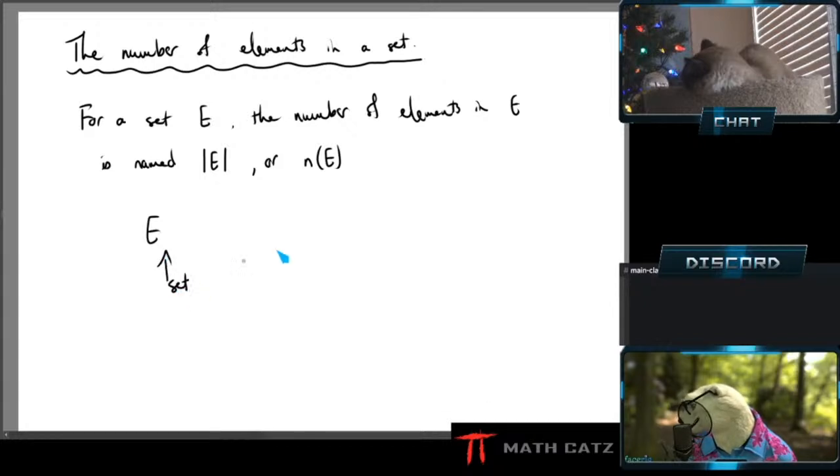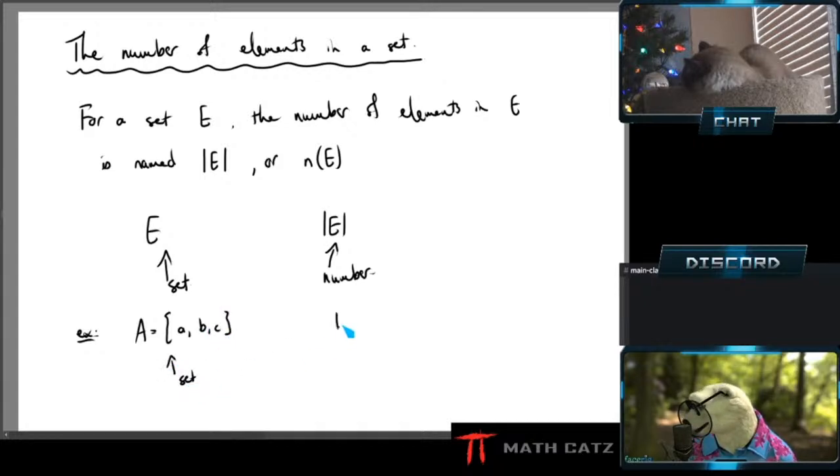But please note that is a set, that is a number. For example, if we look at our big A having little a, b, and c, set, number of elements in A, 3. Very big difference.